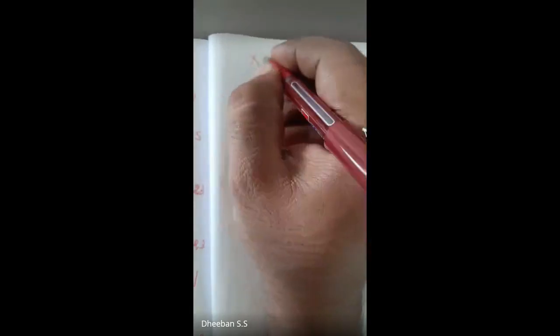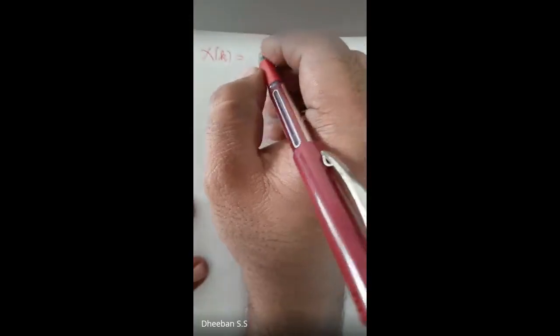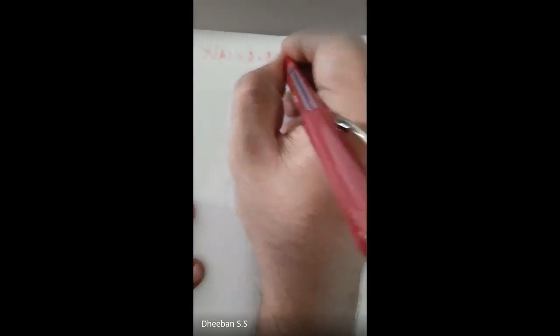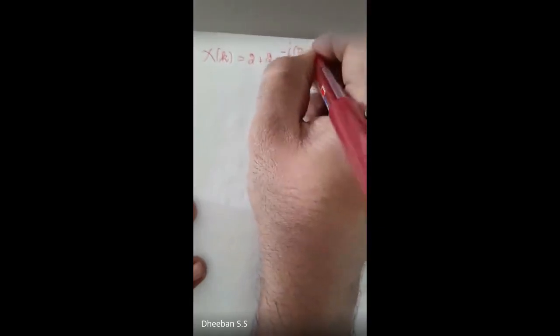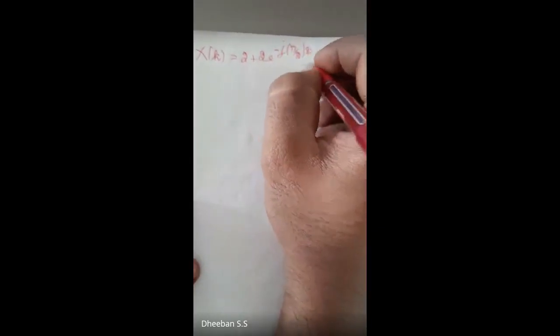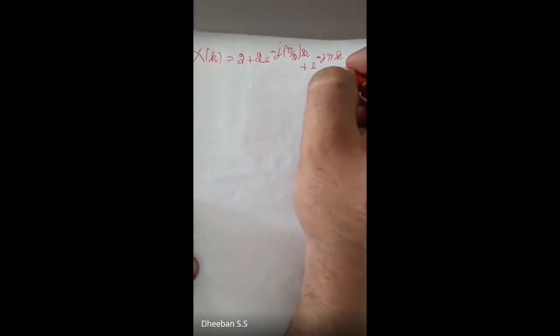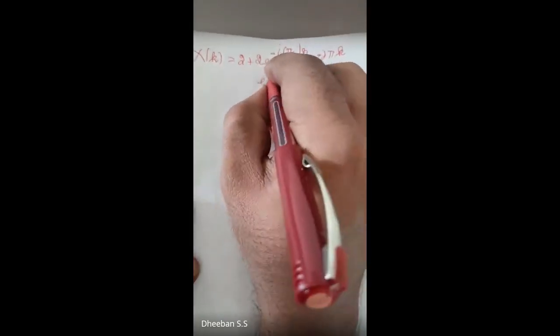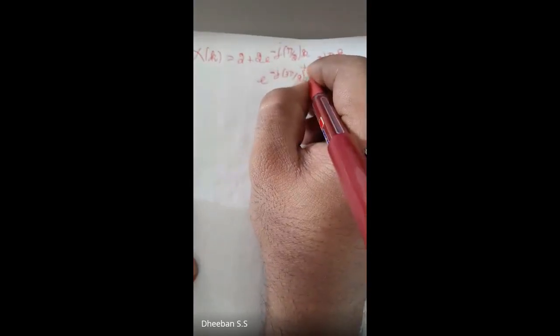On simplification of this, X of k will be around 2 plus 2 e to the power minus j 5 pi by 2 k plus e to the power minus j 5 pi k, plus e to the power minus j 3 pi by 2 into k.